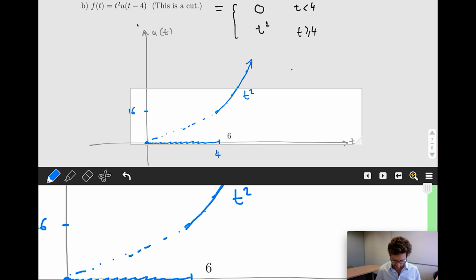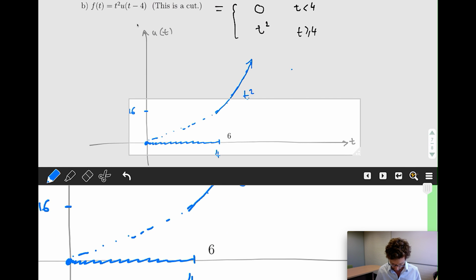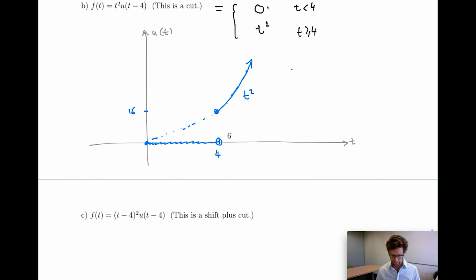Now once more we have to decide what happens at t is equal to 4. Looking at the definition of our function, this is equal to 0 for values less than 4, so we don't include that point, and it's equal to t squared for values greater than or equal to 4, so we include that point. So we just have to be careful when we're defining our functions in a piecewise continuous way, with this curly bracket and the different domains, looking at where we have less than or greater than or equal to.